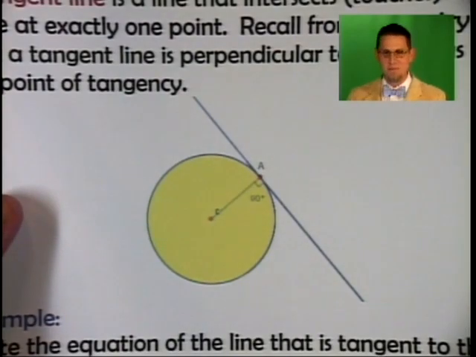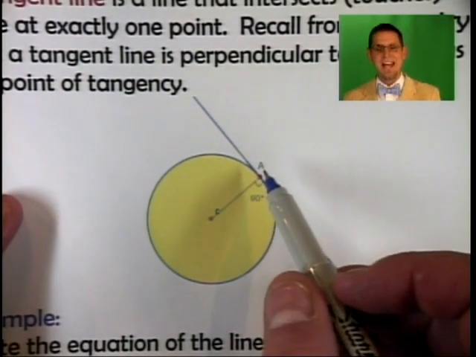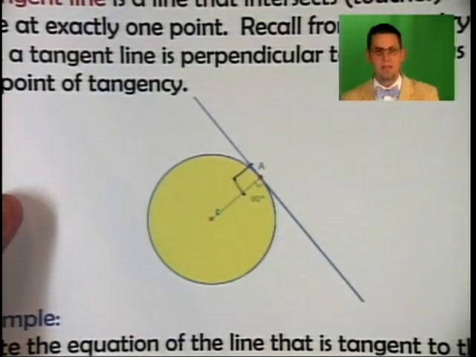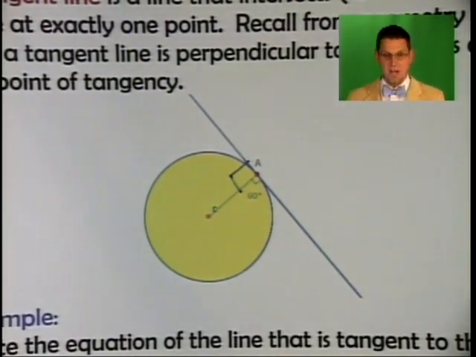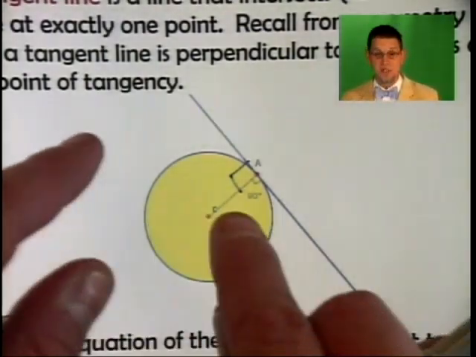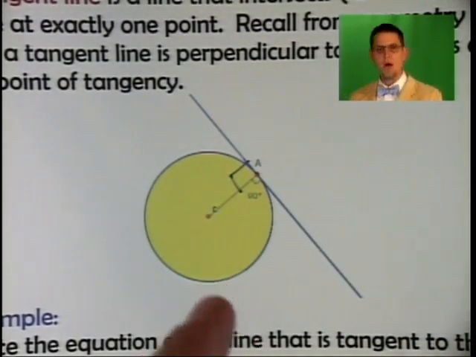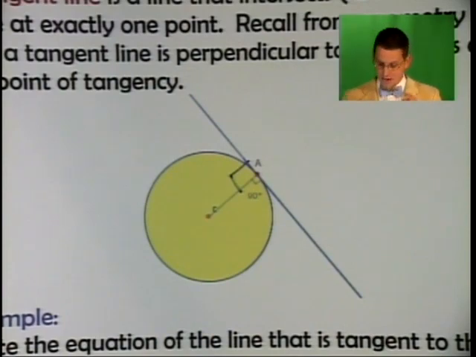Now, if you also remember from geometry, any tangent line is perpendicular to the radius at the point of tangency. Okay? So one other thing that you're going to have to do besides writing equations of circles is to write an equation of the tangent line at a given point of tangency. And we're going to do that right now.